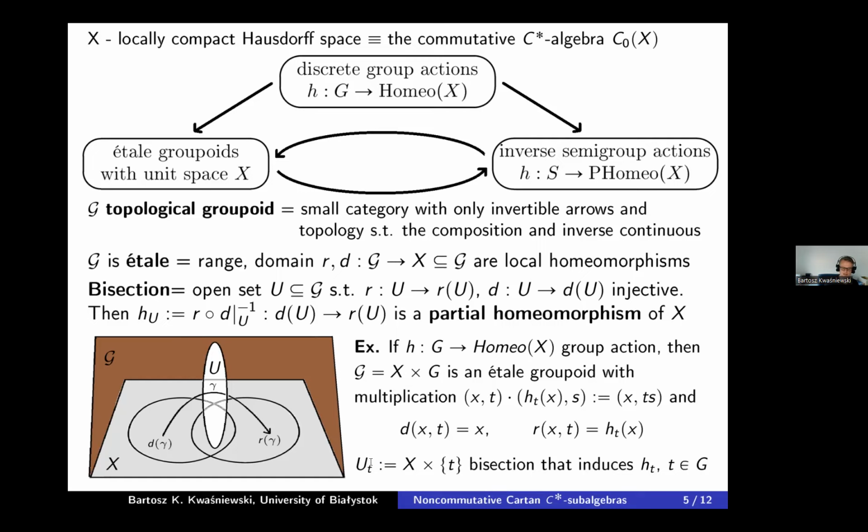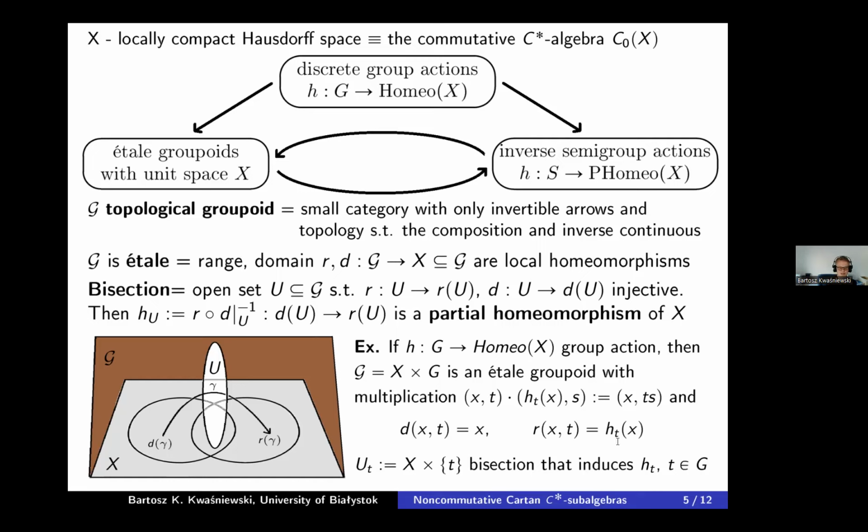In this way, looking at the action of these bisections, one recovers the action. This is the general ideology: moving from group actions to étale groupoids, just replace group elements by bisections. In particular, if this groupoid is a group, so it acts on a singleton, then bisections are just singletons. So bisections are just group elements. These bisections recover the group.